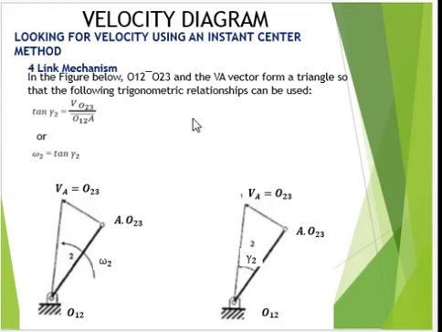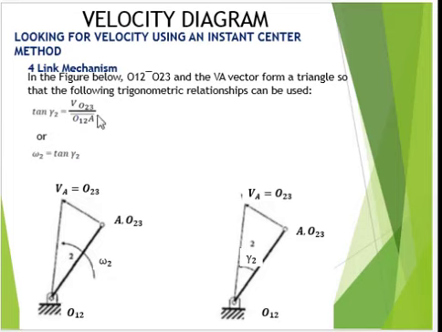We can use the following trigonometric relationship: tangent gamma 2 equals the velocity at A divided by the radius of link 2.